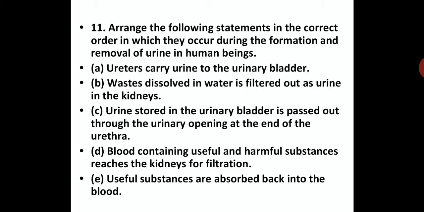Ureters carry urine to the urinary bladder. Waste dissolved in water is filtered out as urine in the kidneys, and urine stored in the urinary bladder is passed out through the urinary opening at the end of the urethra. Blood containing useful and harmful substances reaches the kidneys for filtration, and useful substances are absorbed back into the blood. Now you have to put them in the proper order.